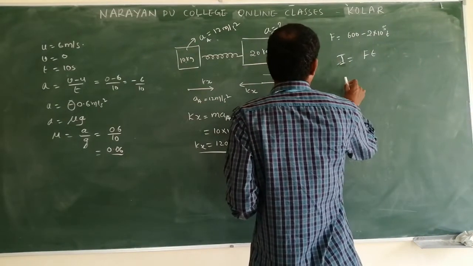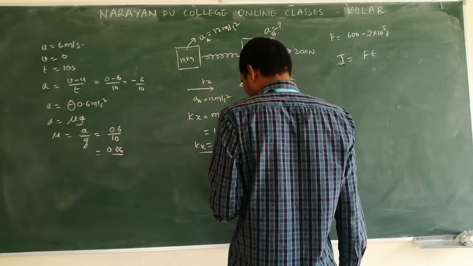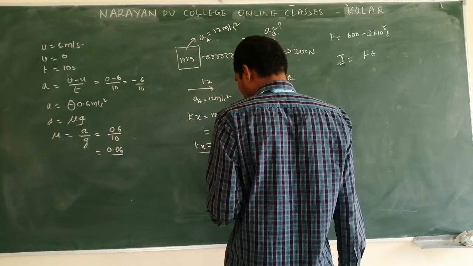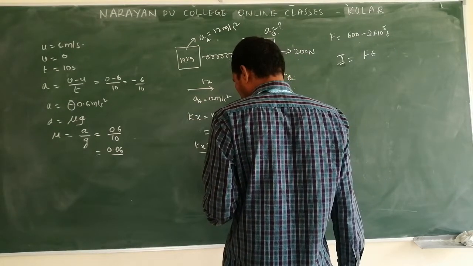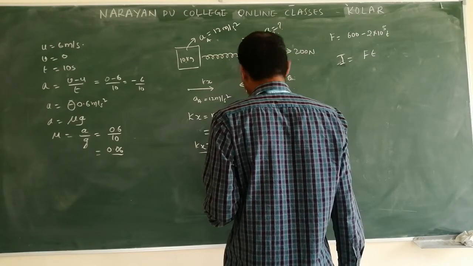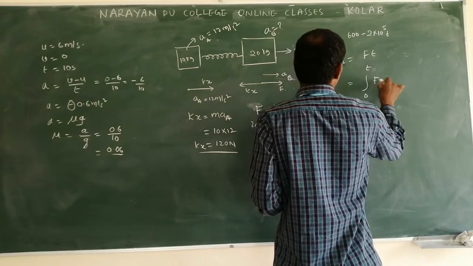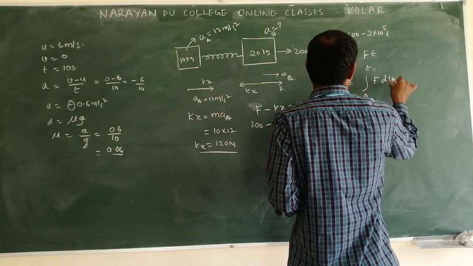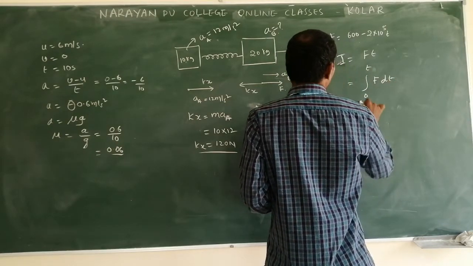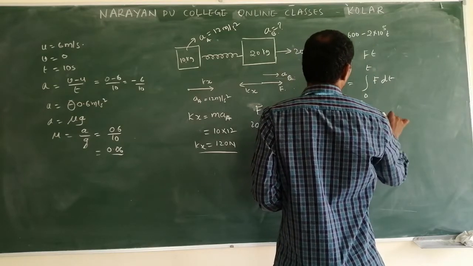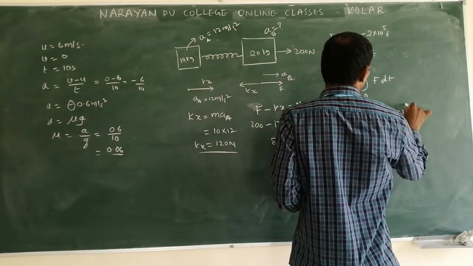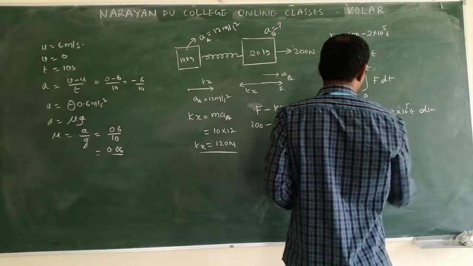Now, in how many seconds, they are asking the average force imparted to the bullet. So how many seconds is it actually? t seconds. So integral from 0 to t of F dt. What is F? F is (600 - 2 x 10^5 t) dt.